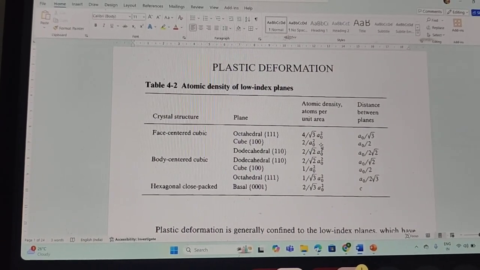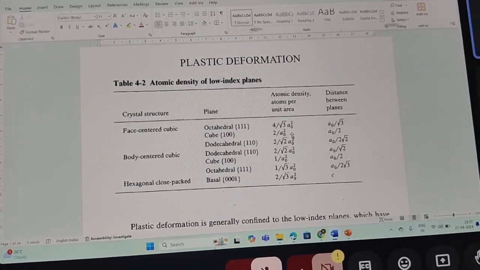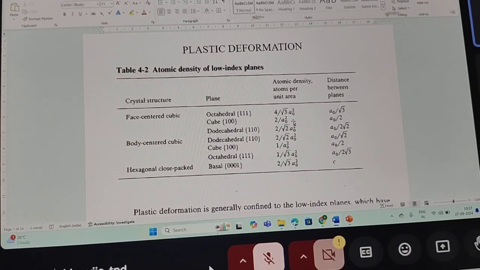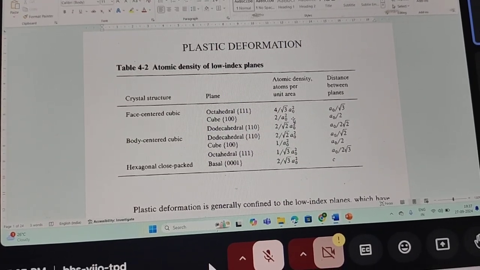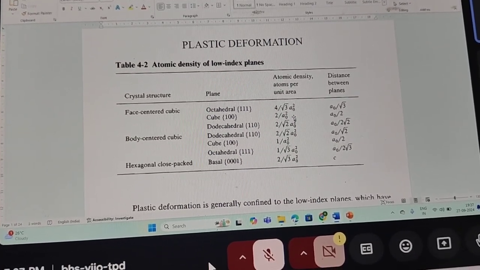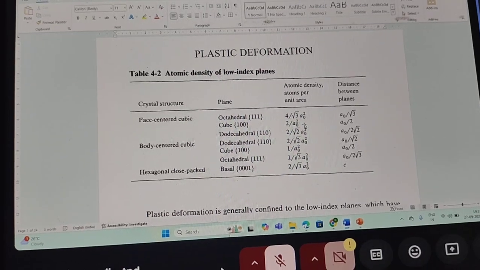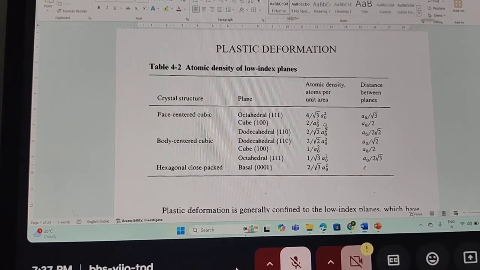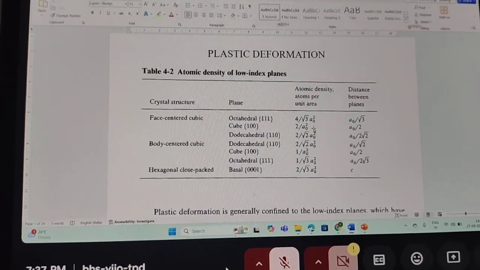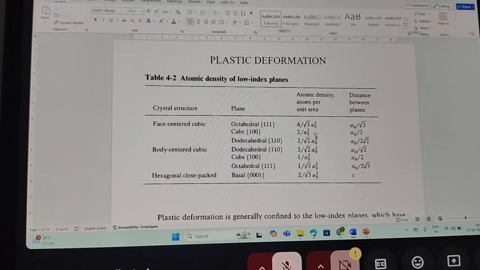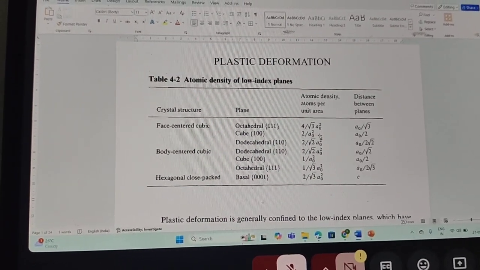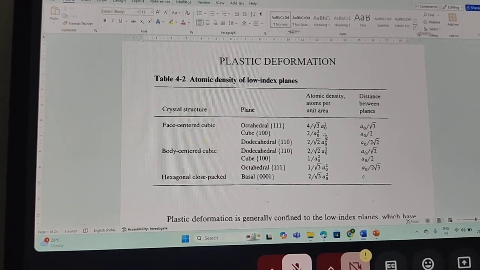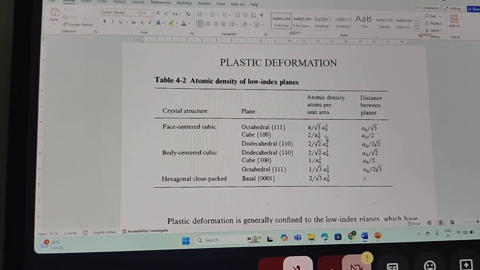A brittle material is a material which does not have any plastic deformation, which is written here at the top. So ceramic materials are not plastically deformable, whereas all metallic materials are deformable, but it depends on the extent to which the deformation takes place.